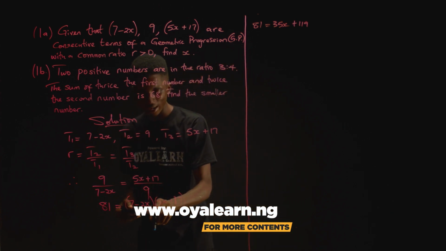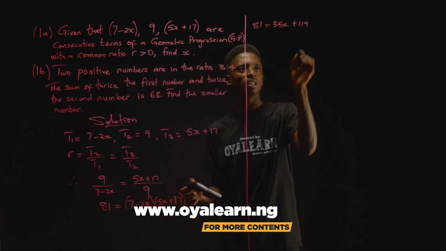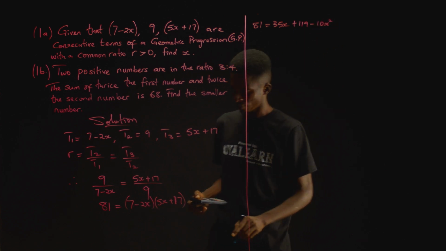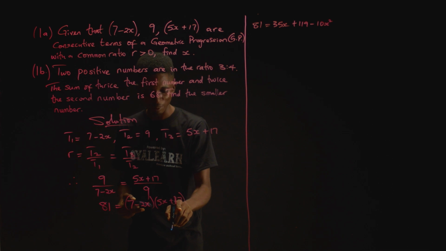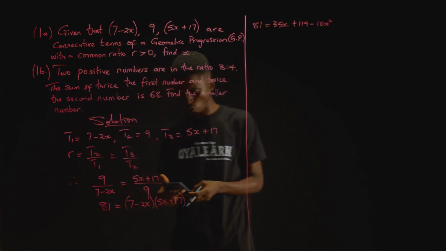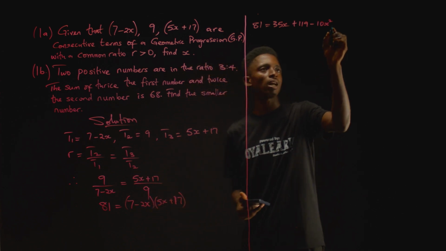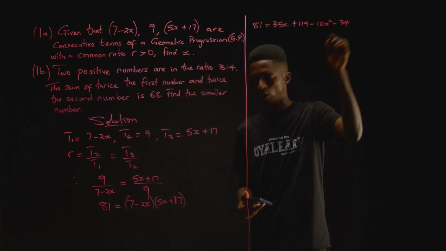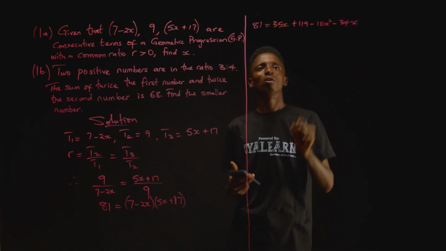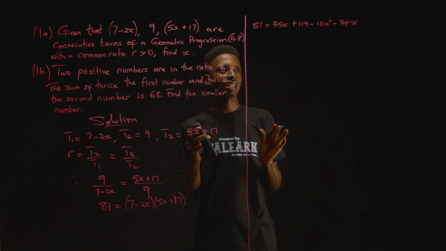Now minus 2x times 5x would give us minus 10x squared. Then minus 2x multiplied by plus 17. That's basically 17 times 2. Remember the minus sign, so that will give us minus 34x. Now what we have to do is just collect like terms.